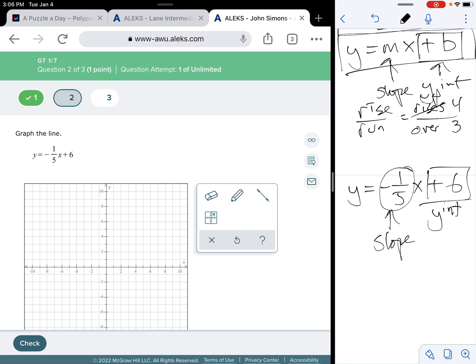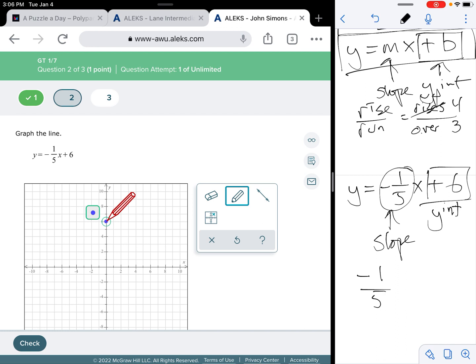Always start with your y-intercept because that gives you a concrete point to start with. So it's +6, so we go up to 6 on the y-axis and put a point. My slope is -1/5, which means -1 over 5. Always take that negative sign and attribute it to your numerator.